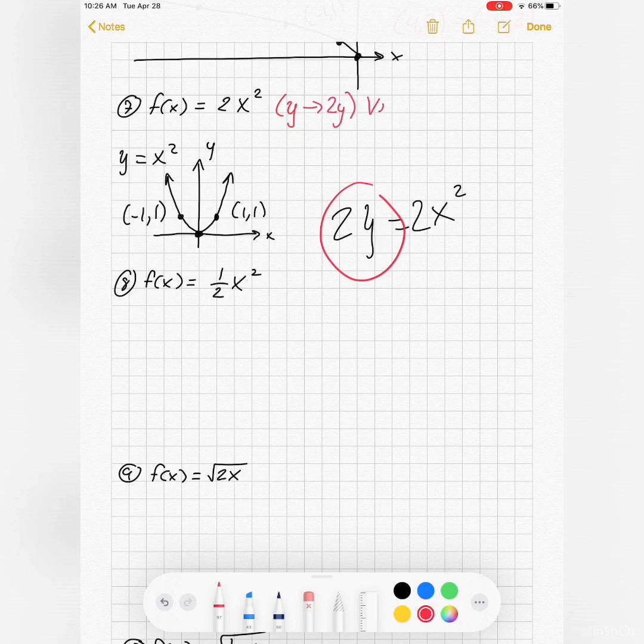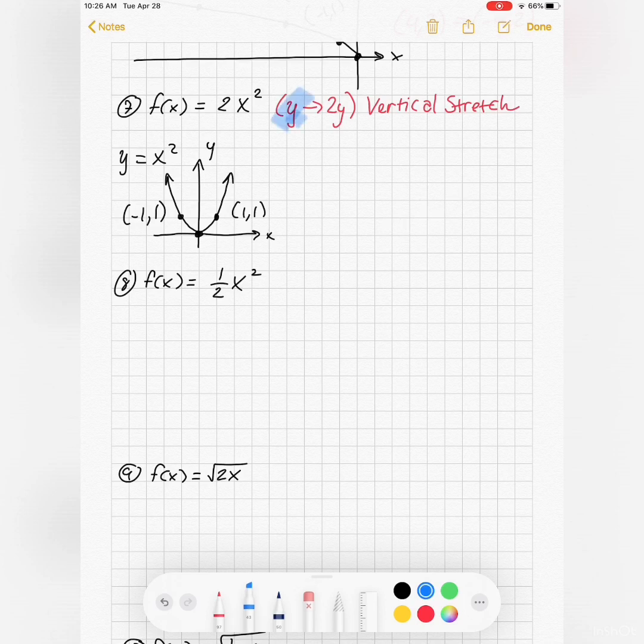So y is being affected, so this is a vertical. And then is y getting bigger or smaller? Well, if I'm multiplying it by 2, it's getting bigger. So we would call this a vertical stretch. But all I have to do is take each of the points and then follow this rule. So just multiply the y values by 2.